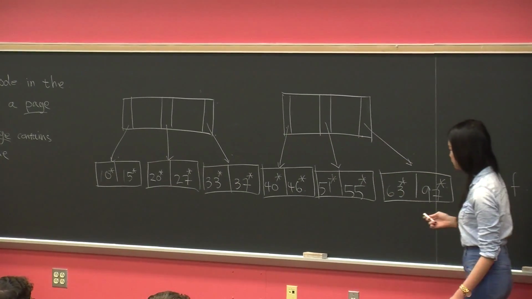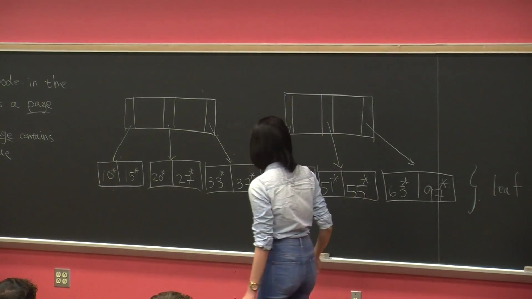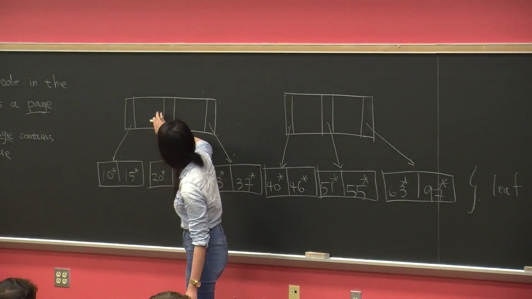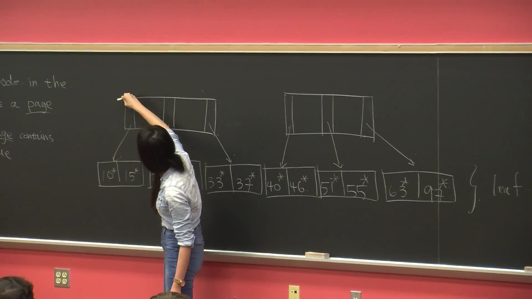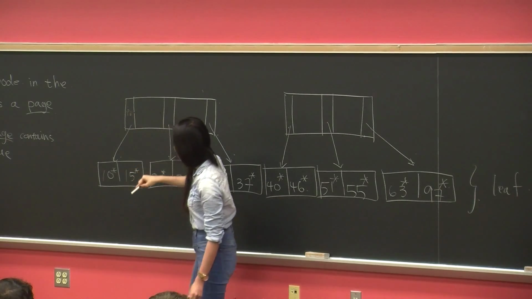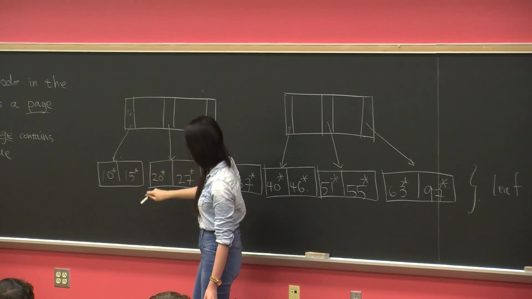So how are we going to fill out these values? For everything that this pointer is pointing to, we can think of it as P0, which means it's smaller than the value here.